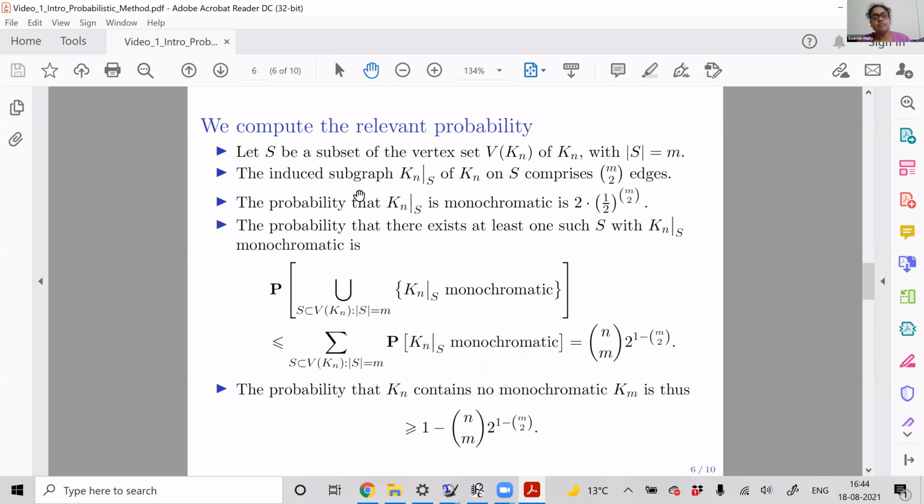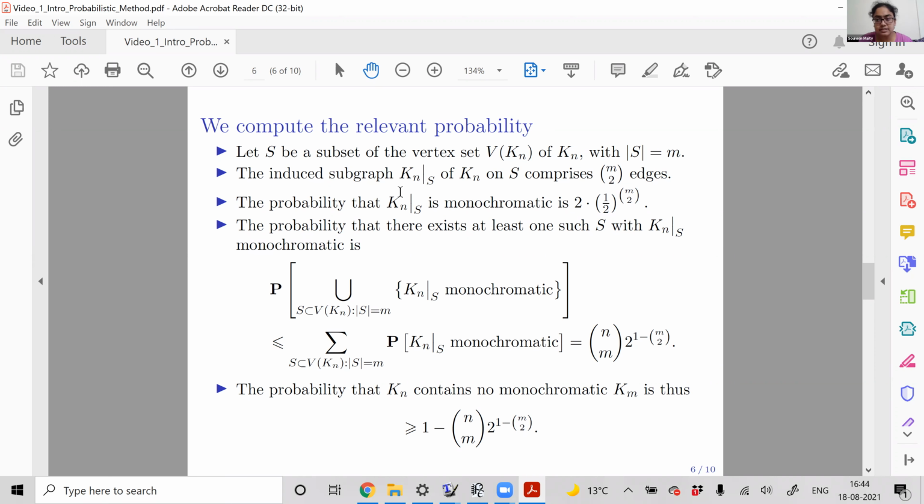Now you consider the induced subgraph, which I write like this: K sub n, then a bar, and then the subscript S. This denotes the induced subgraph of K sub n on S. Basically, that's going to be a complete graph on m vertices. How many edges does it have?